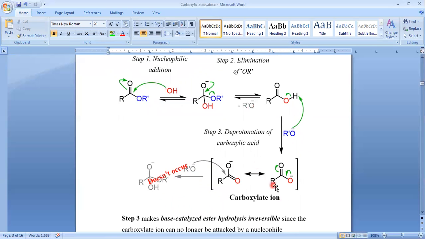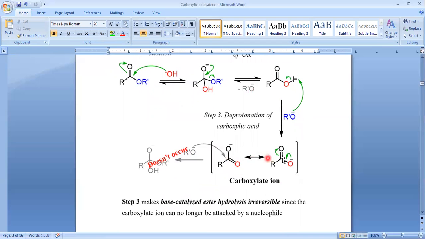Carboxylate ion. This carboxylate ion again participates in resonance. This resonance is also known as equivalent resonance. Equivalent resonance means here, see, in the two resonating structures, the negative charge resides on an oxygen atom. So these are known as equivalent resonating structures.